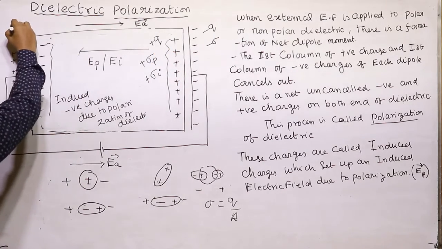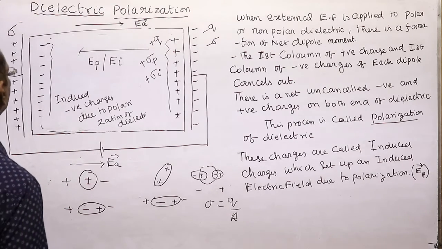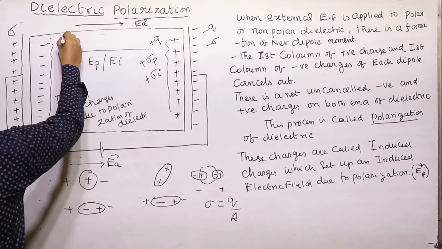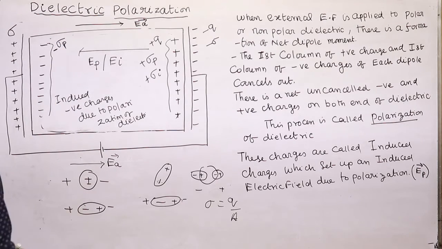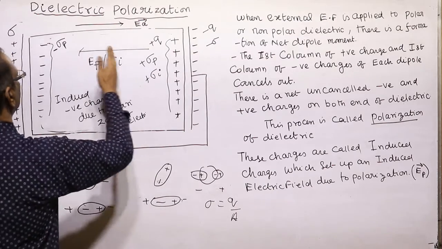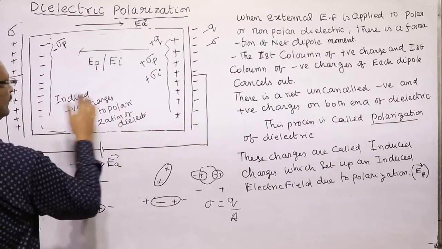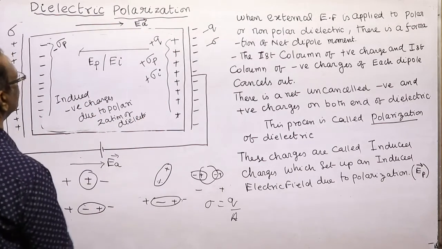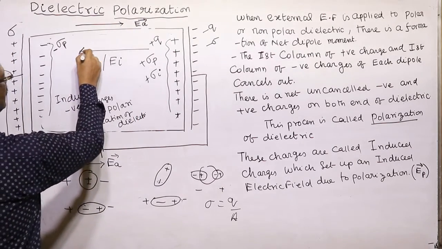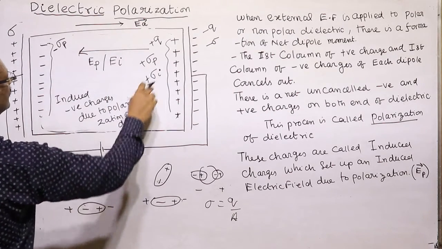This is the surface charge density of the applied electric field, and this is the surface charge density of the polarized charges. After polarization, this cancels out, and there is charge left on this side and this side, positive and negative, and this positive and negative gives rise to an electric field, because the electric field is from positive to negative, and this is due to polarization of the dielectric.